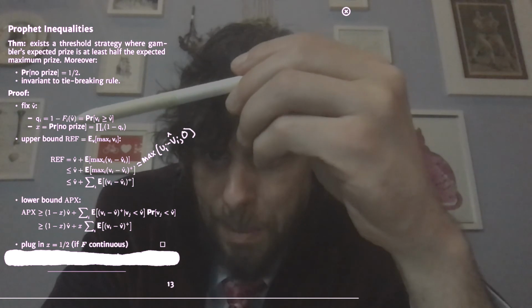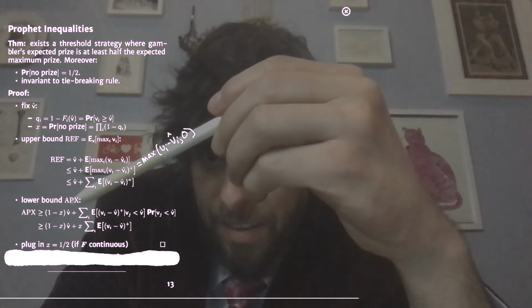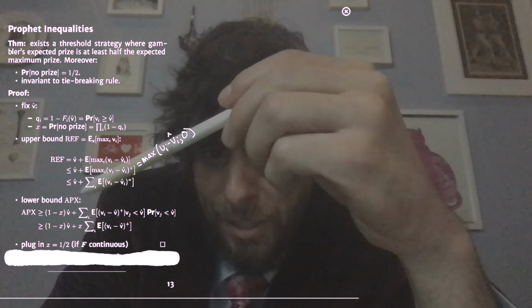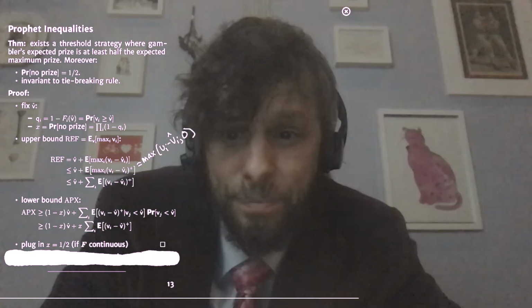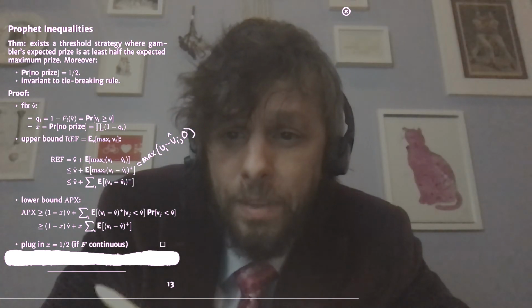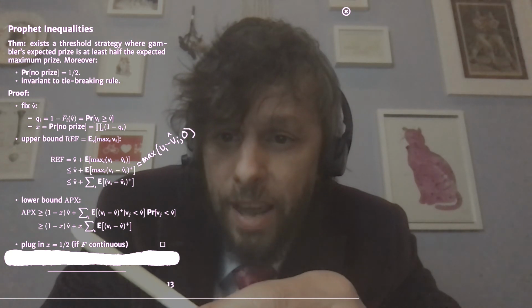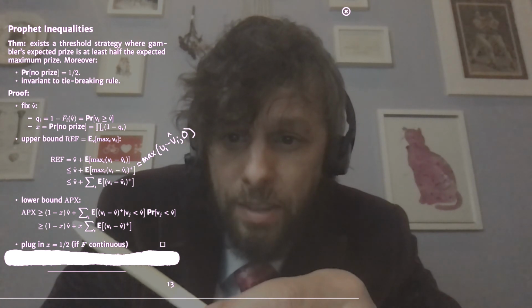So remember, x is the probability of no prize, so 1 minus x is the probability of a prize. And if they get a prize, well, the threshold was vi hat, so the value of that prize must have been bigger than vi hat. And so they're definitely going to get that. But then they're going to get some more. So I want to figure out how much more they get than just the v hat.